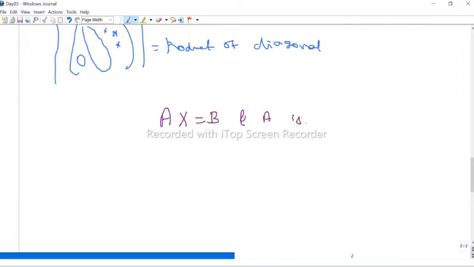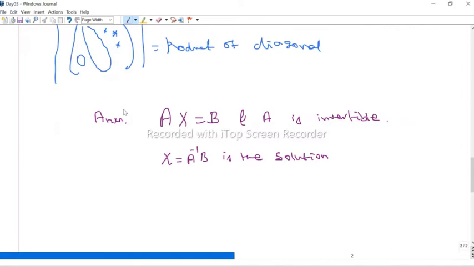That solution is x equal to A inverse B, where we multiply A inverse on both sides. Here we assume that A is an n by n square matrix. So if A is invertible, then the system Ax equal to B has a unique solution. If A is not invertible, the system may have infinitely many solutions or no solution.